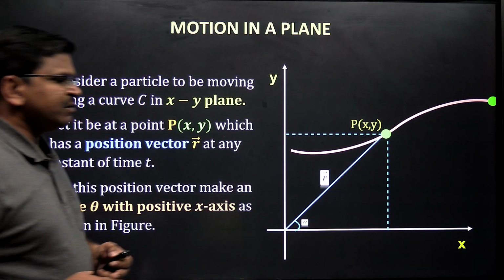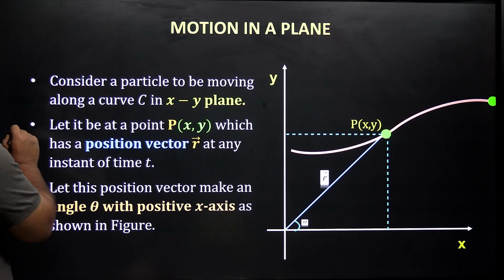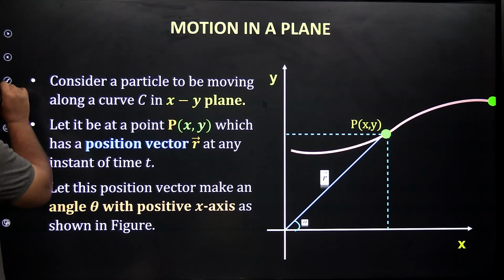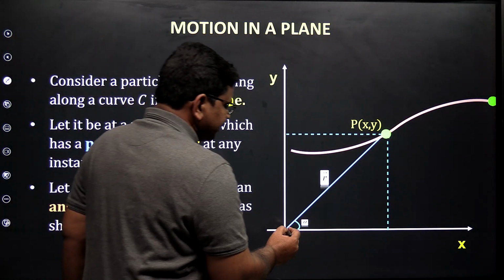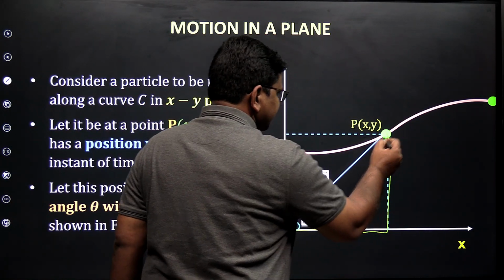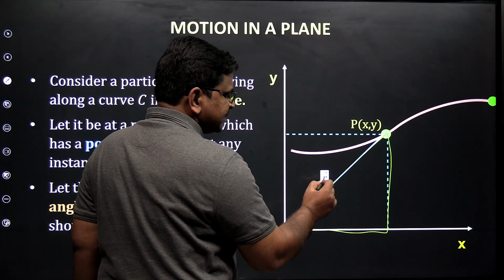Let me give you an idea here. Suppose I construct a right angle triangle, making an angle theta here, with hypotenuse r.